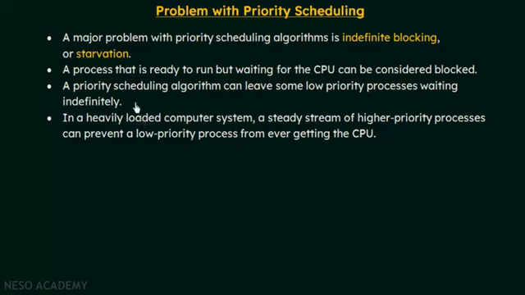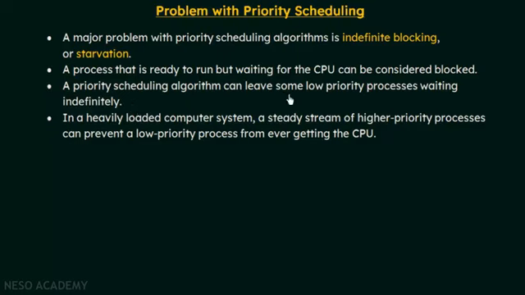There are processes waiting in the ready queue, ready to be executed and waiting for the CPU. But if there are some low priority processes waiting in the queue, and there are many other processes with higher priority than this low priority process, then what will happen? This process of low priority will get the CPU very late, or in the worst case, it may never get the CPU.